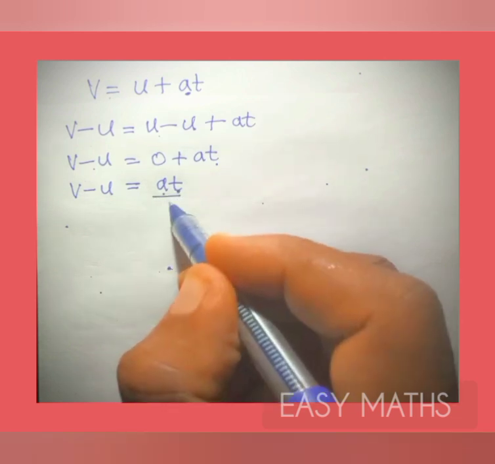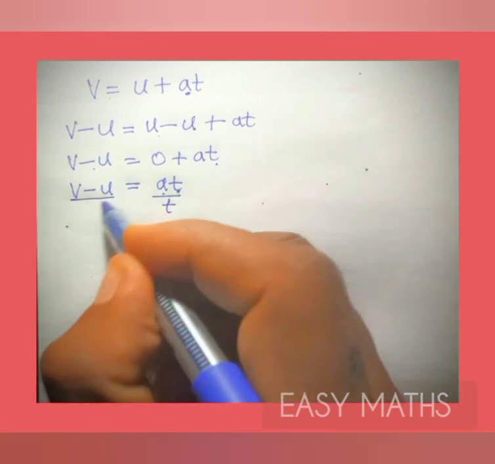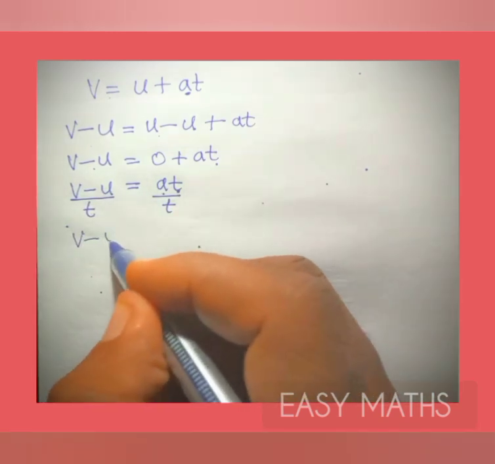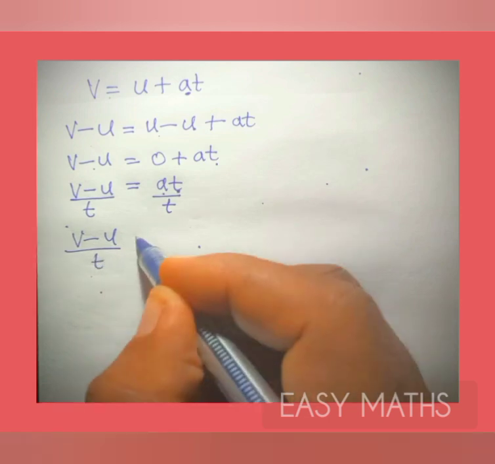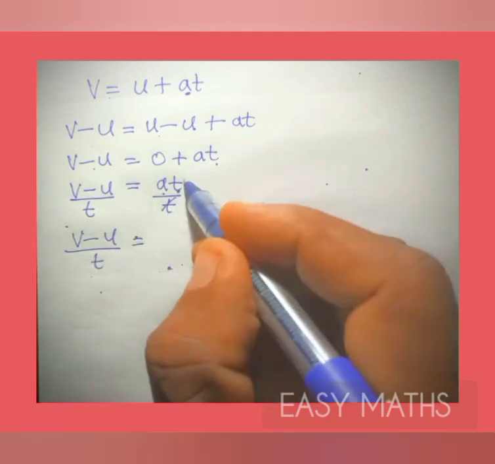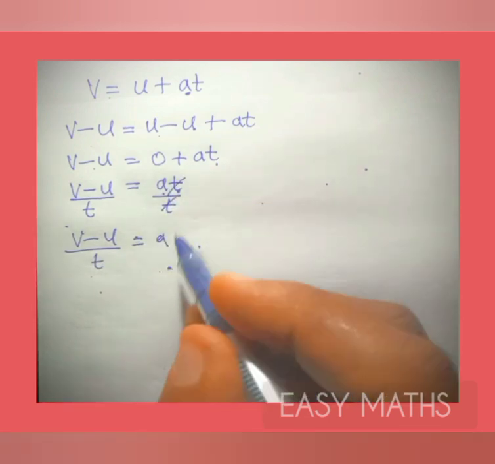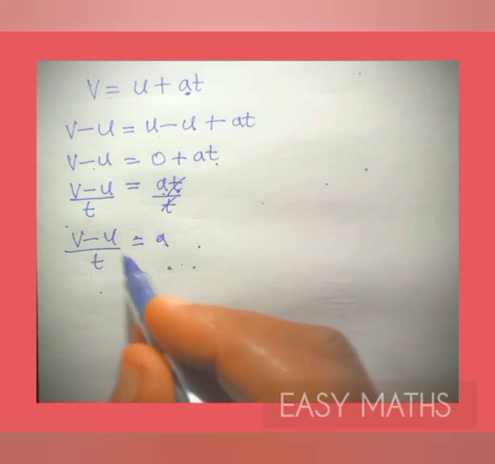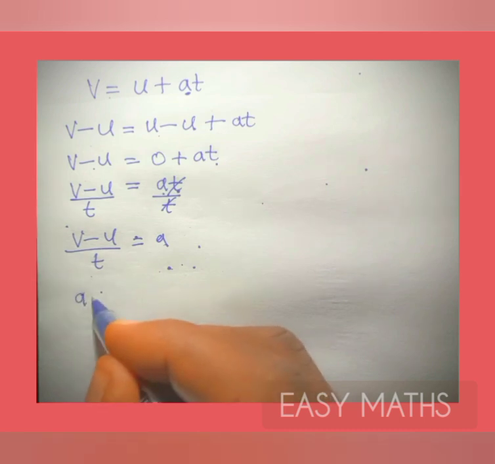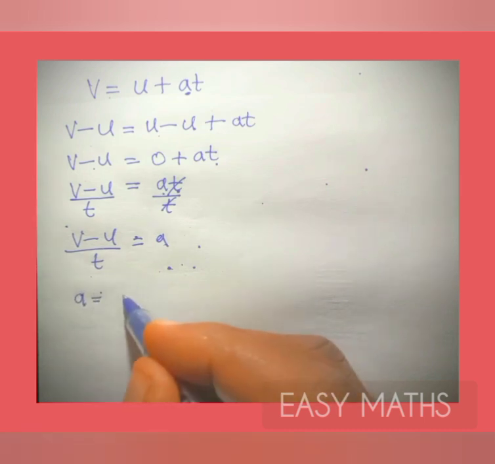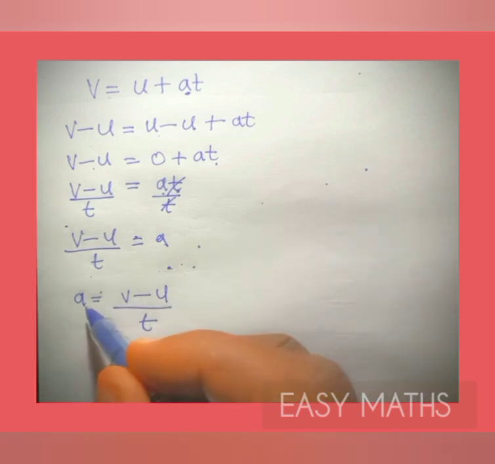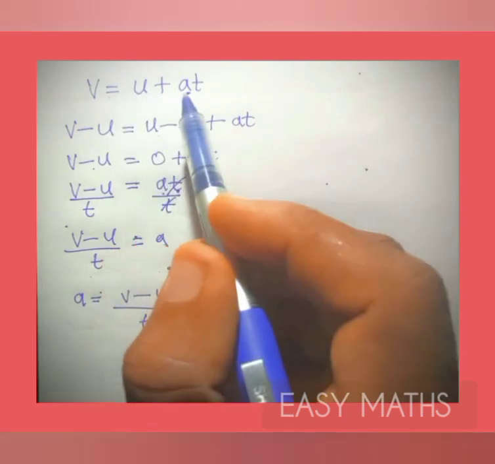So we divide both sides by T, and we're going to have V minus U over T equals to AT over T. T will cancel T here, and we have A. So we can write this equation by bringing the A to the left hand side. So we have A equals to V minus U all over T. So we have been able to make A the subject of formula.